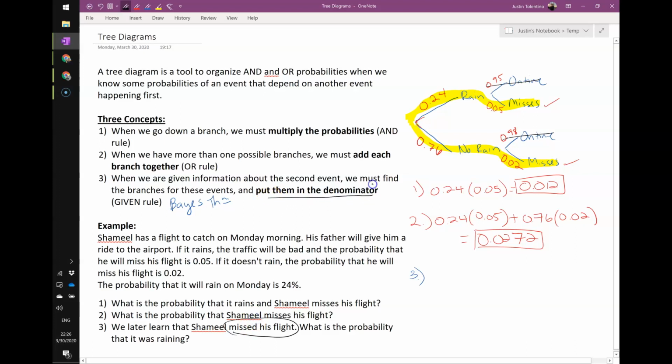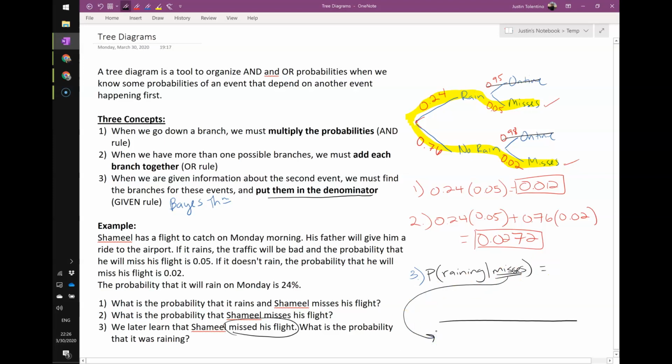It goes in the denominator. In terms of the notation, this is asking what's the probability that it's raining given he misses his flight. As we've learned, that misses, again, goes in the denominator of the fraction. So I'll put the fraction down here to make it a little bigger.